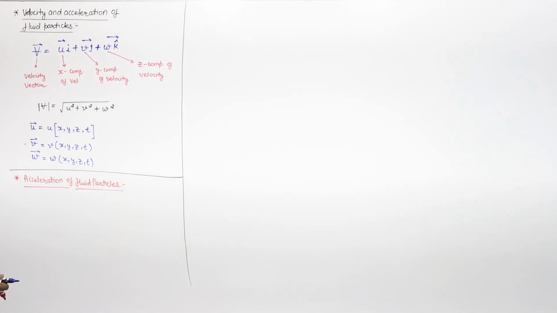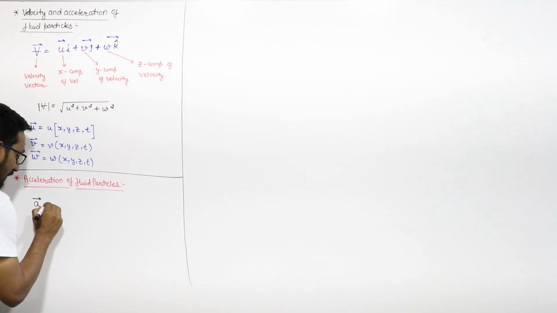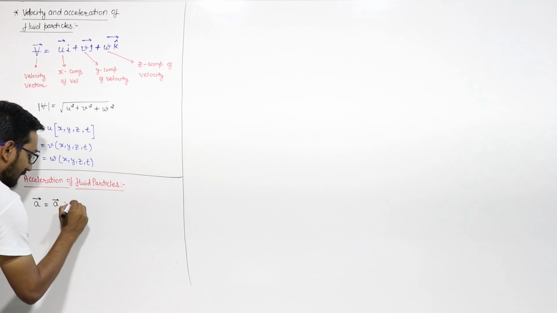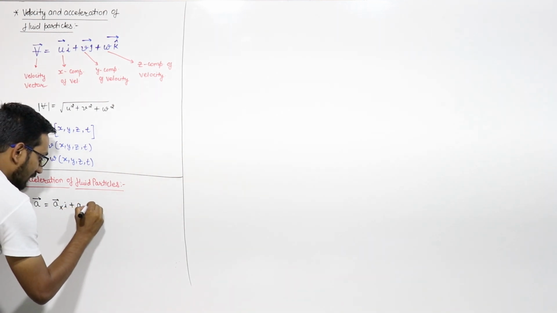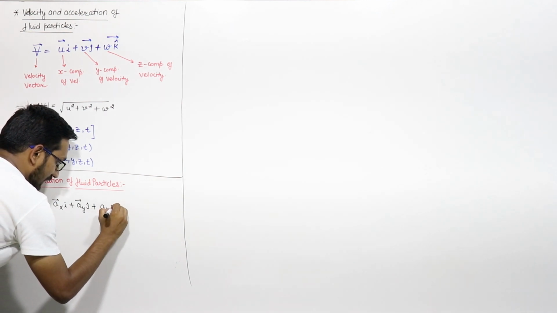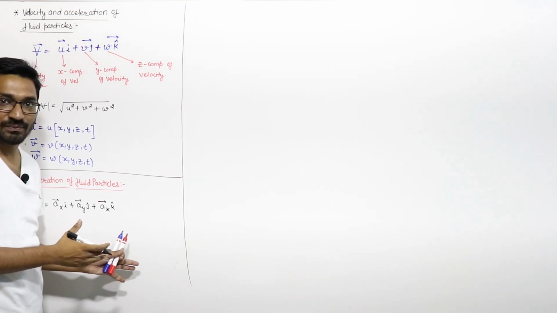We already saw the velocities, now we have to find the acceleration. Similarly, acceleration is also a vector, so it has an x component i cap plus its y component j cap plus its z component k cap. It also has three components.